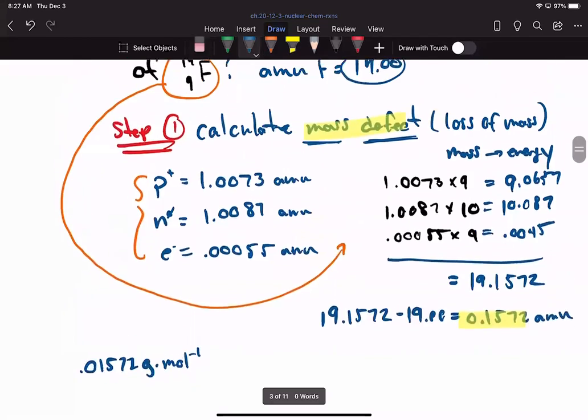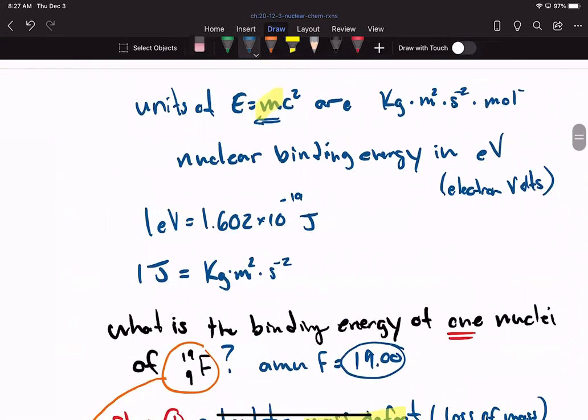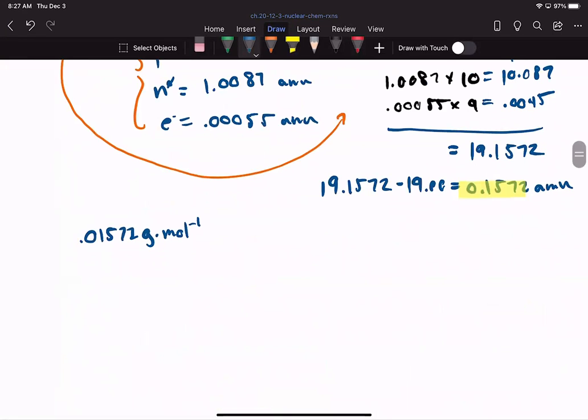But we have to pay attention here, right? That this needs to be in kilograms per mole. So we do have to make a quick conversion here. 1,000 grams, 1 kilogram. It'll be 0.001572 kilograms per mole.